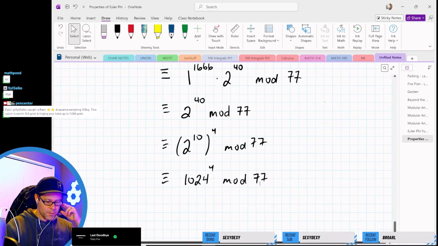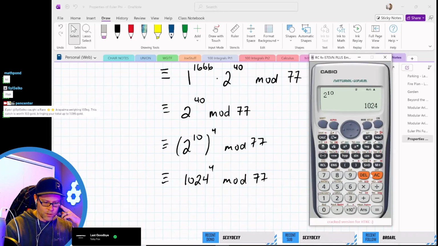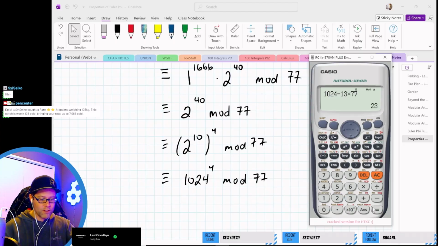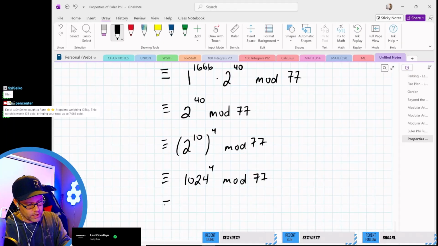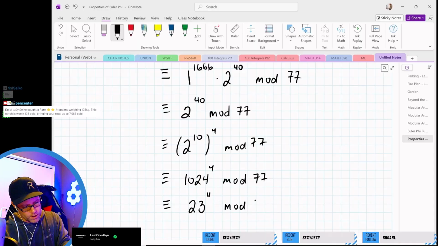So how many times does 77 go into 1024? 13 times. So let's remove 13 copies of 77 from 1024, and we have a remainder of 23. So we can reduce this to 23 to the 4 mod 77.